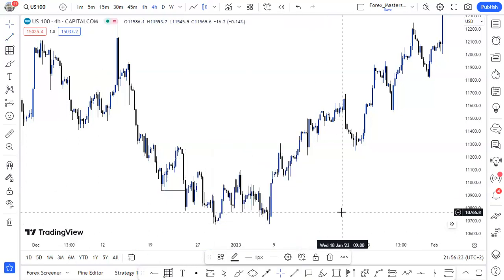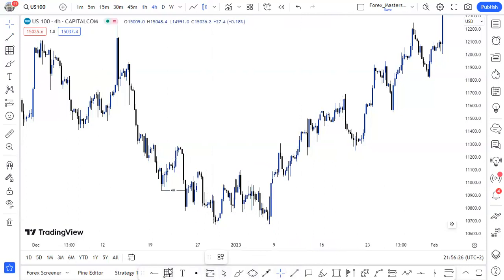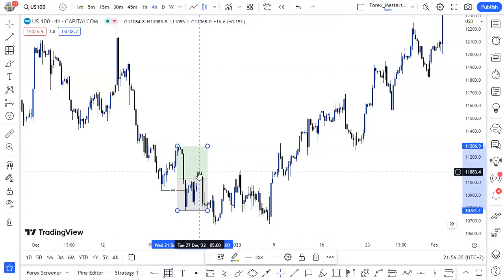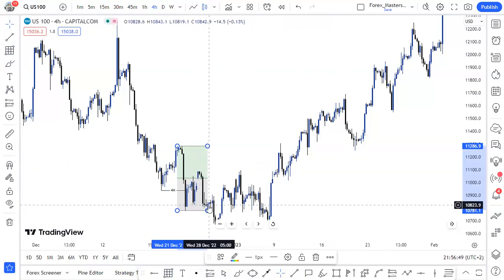And after we broke structure, we can even take our gun box from that high all the way to this low right here. And we can see that price came into this area, and after price came into this area, we saw there was a reaction and price decided to create a lower high right there and went down and created a lower low.